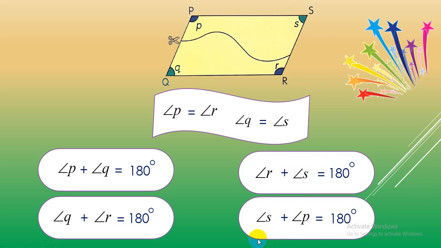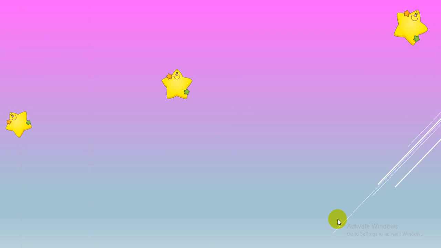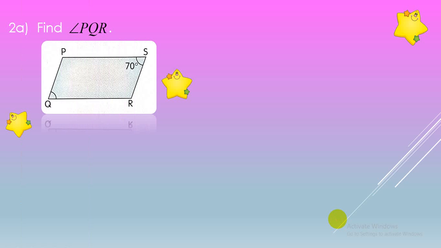Okay, let's do the practice in your textbook, page 144. Okay, you can try to do the practice by yourself and pause this video. And let's check your answer. Number 2A. Find the unknown marked angles in each of the parallelograms. Number 2A. Find angle PQR. Look at this picture first.